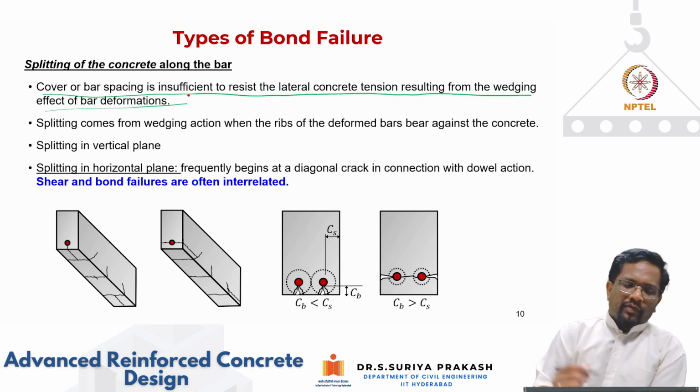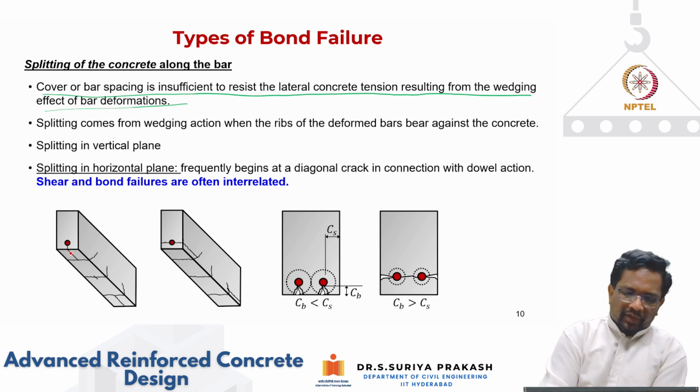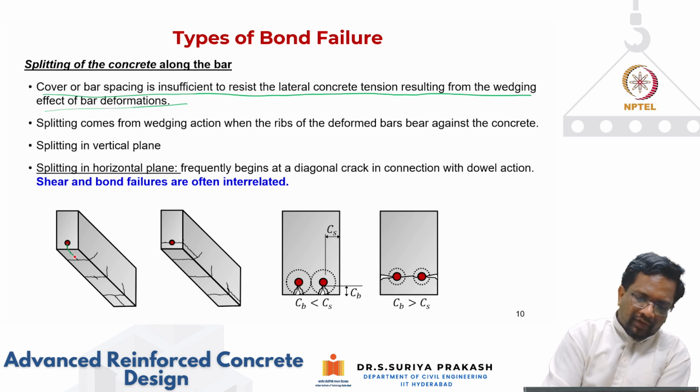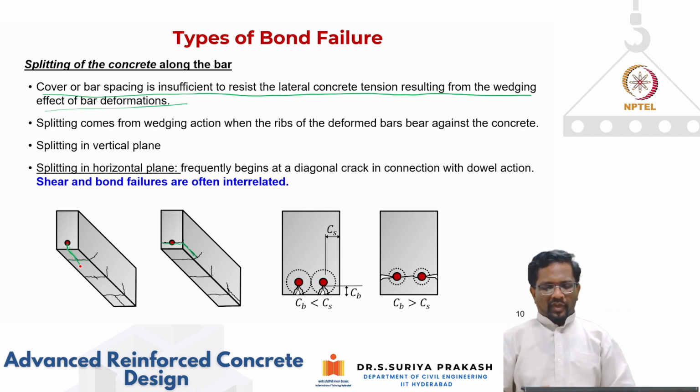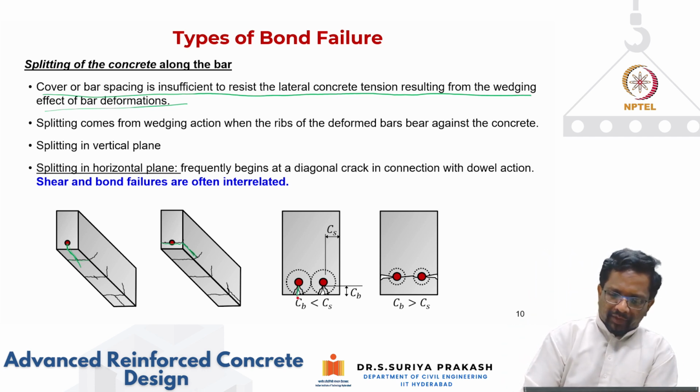And if your cover is very small, then you can have either this kind of splitting, or you can have this kind of horizontal splitting, which will run along the horizontal plane. This is a vertical splitting. Both of these splittings are possible. So this is your vertical splitting.